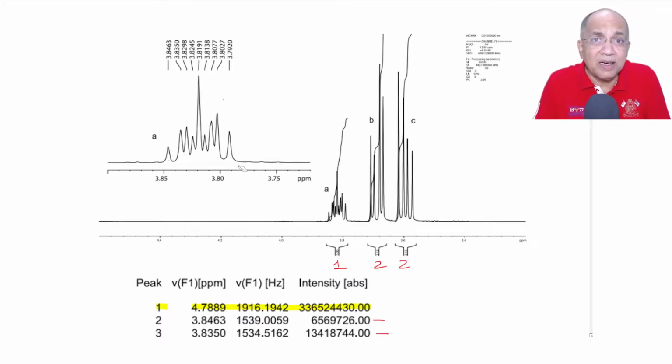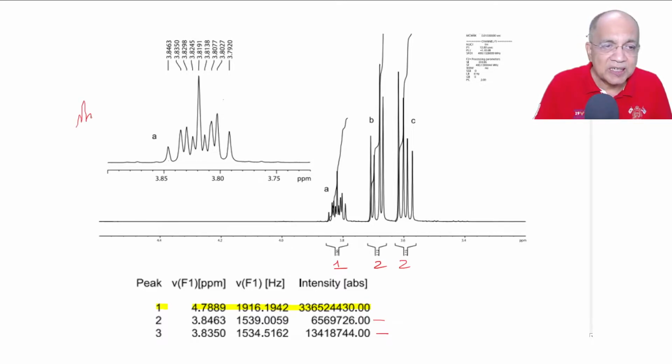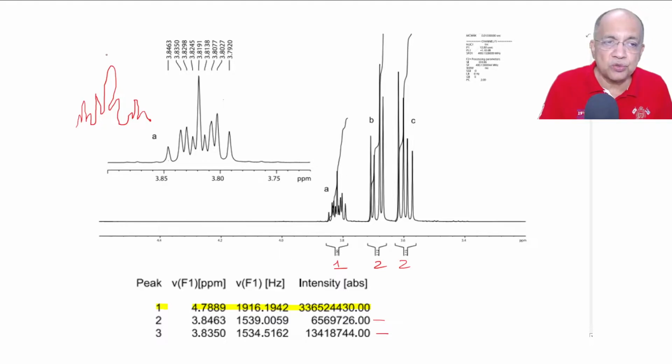You don't find a triplet of triplets. Had the J values been widely different, it would look like a triplet, a triplet and a triplet. The first triplet is 1:2:1, each component is a triplet 1:2:1, this is 2:4:2, then 1:2:1.